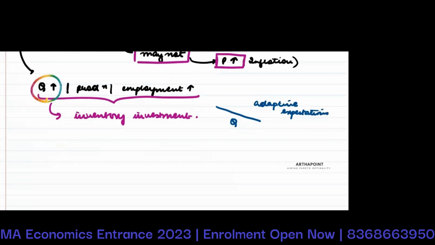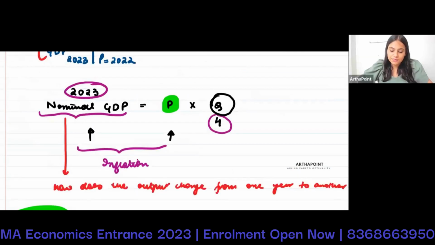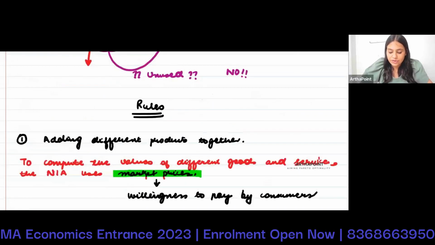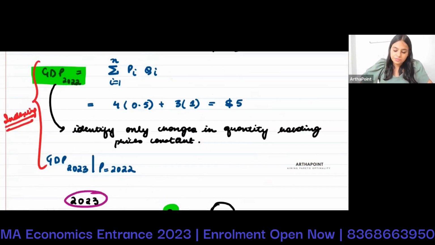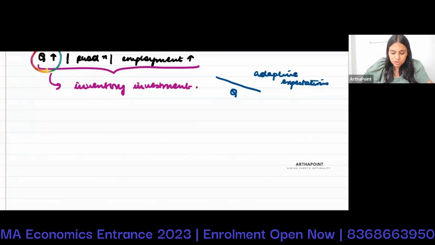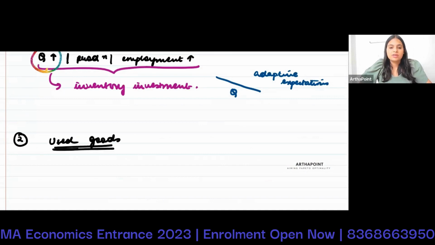Now, this is the first rule: how do you add different products together? The second rule has got to do with the used goods. This comes again in a lot of exams.